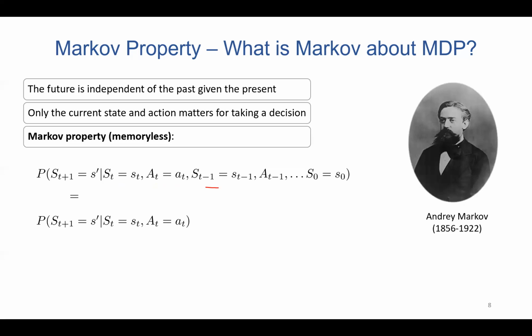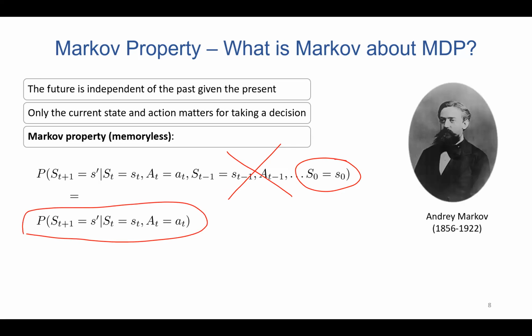Given that you have traversed the entire path from the beginning of the game, your probability of going to the next state, S_t+1, is only dependent on the current state and action that you have, and you can basically throw away the entire past, which gives us this beautiful equation that our next state, okay, our future, is only dependent on our current state, our present.